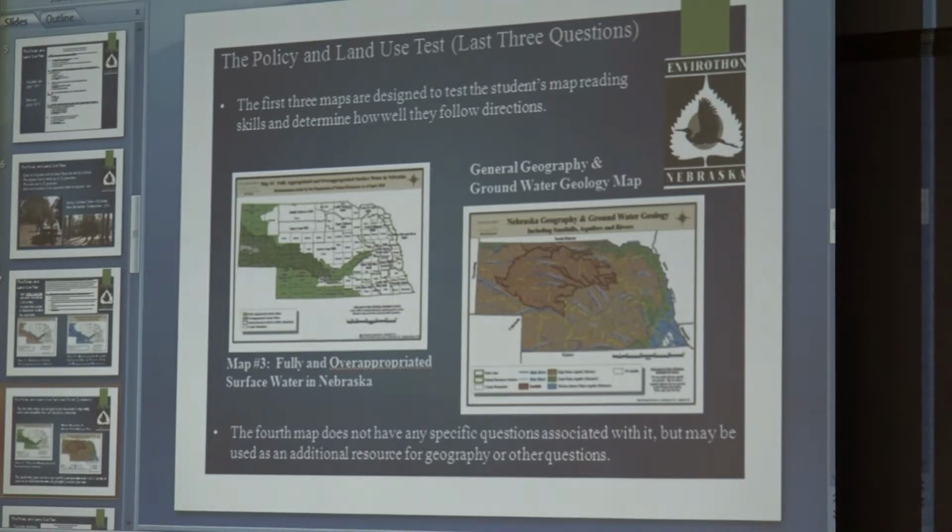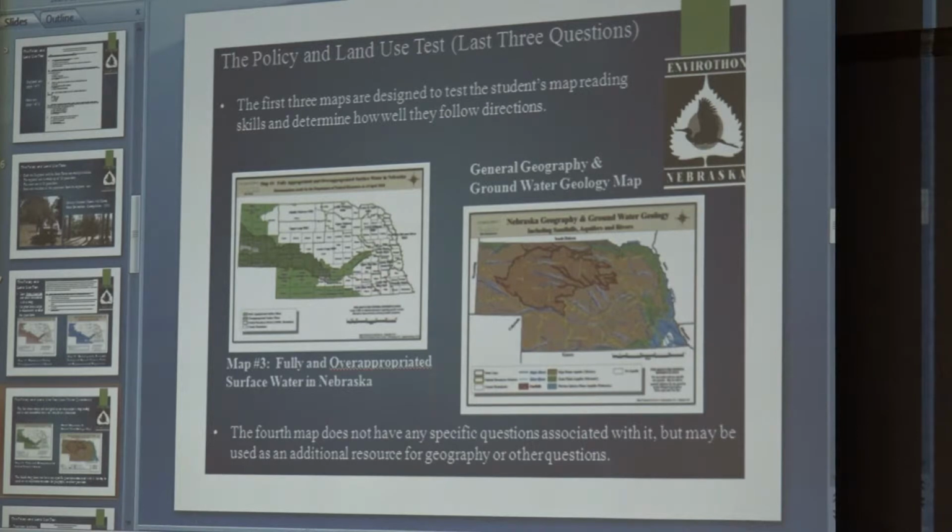I know Nebraska geography as well as the geology inside and out. I've worked for the state Natural Resources Commission and now the Department of Natural Resources for going on 27 years at the end of May, and most of that time has been working with maps, putting maps together and things like that.